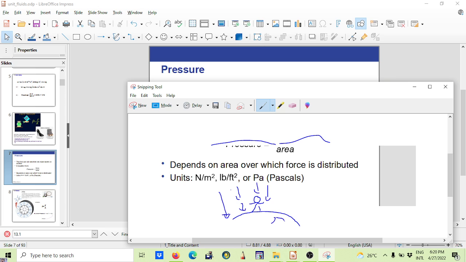And if you take a little square here on Earth, or on us, that little square is 1 inch by 1 inch, the weight of the atmosphere, all that weight, is going to be 15 pounds. So the atmospheric pressure is 15 pounds per square inch, right? Just to give you an idea.